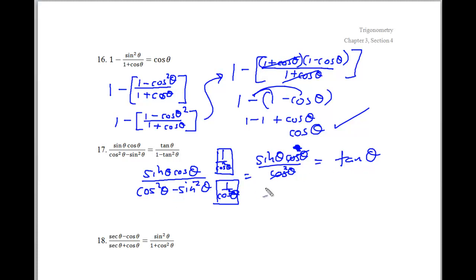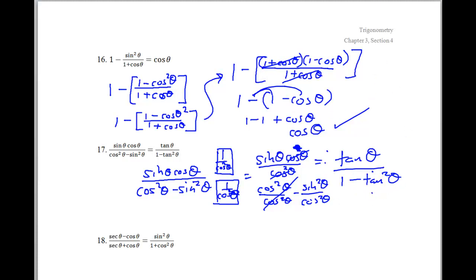Which means down here I now have cosine squared theta over cosine squared theta minus sine squared theta over cosine squared theta. And what's nice is that simplifies to 1, and then this simplifies to tangent squared theta. So again, my little mistake here is I should have multiplied top and bottom by 1 over cosine squared, so I would have left 1 cosine in the numerator, so sine over cosine is tangent, and then sine squared over cosine squared is tangent squared theta.